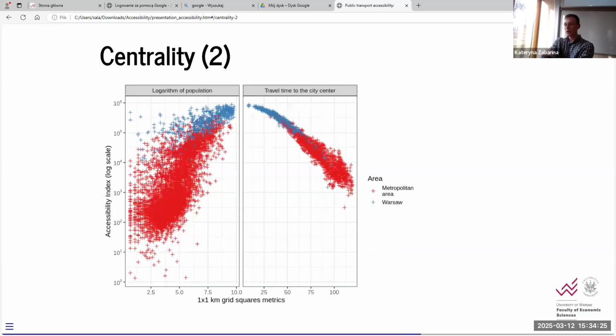And if we take a look at the plot, we can see that the correlation between travel time to the city center and the accessibility index is higher than the correlation of the accessibility index with population density. So the conclusion here is that accessibility is very centralized around the city center. It is harder to get between some suburban areas than between the suburban areas and the center.